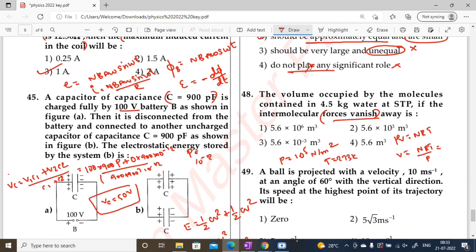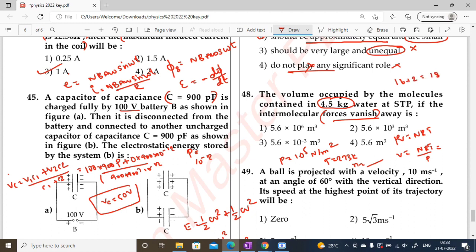And n is given by the mass of the water, which is given in the question to be 4.5 kg, divided by the molecular mass. Water is H2O, which means 2 hydrogen plus 1 oxygen. So the molecular mass is oxygen 16 plus hydrogen 2, totally 18.